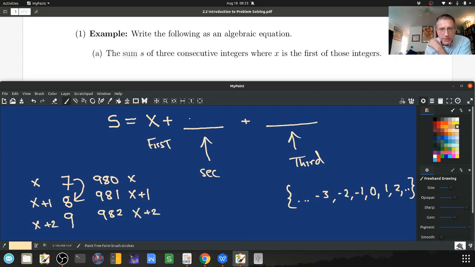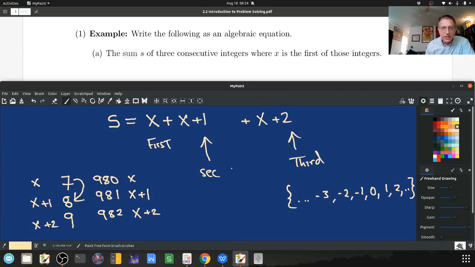So that literally tells us what we need to write here. We're going to write in these spaces exactly what we just discovered. x plus 1 denotes the second integer, and x plus 2 denotes the third.